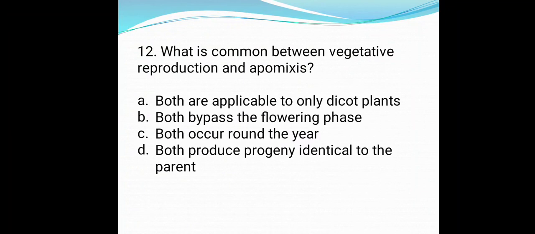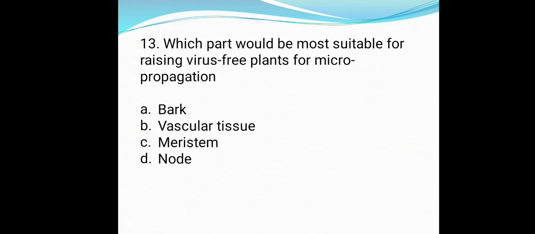The embryos develop simply by division of a diploid cell of the ovule, so the progenies produced are identical to the parent. So the answer is option D, both produce progeny identical to the parent. We'll move on to the next question.